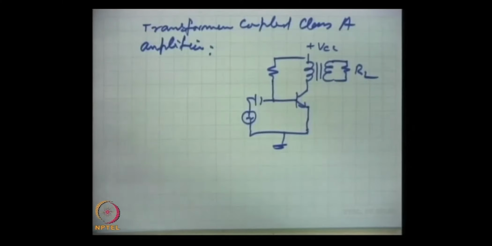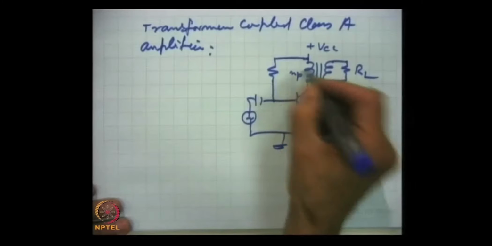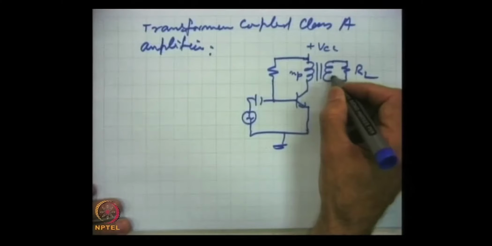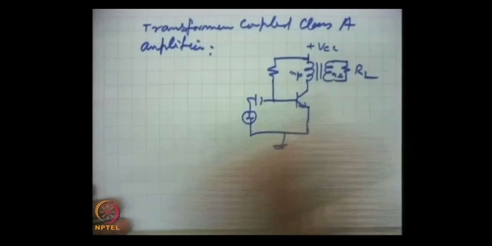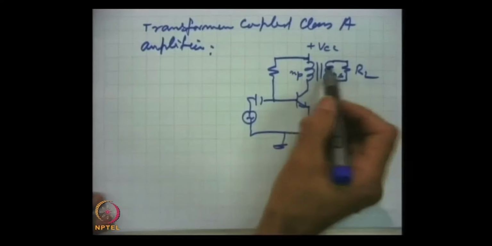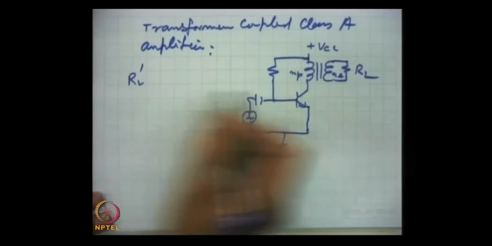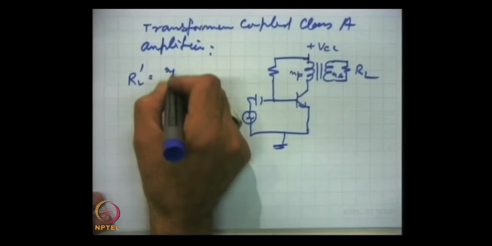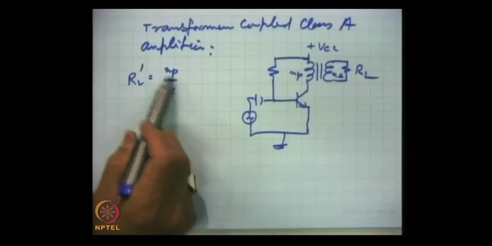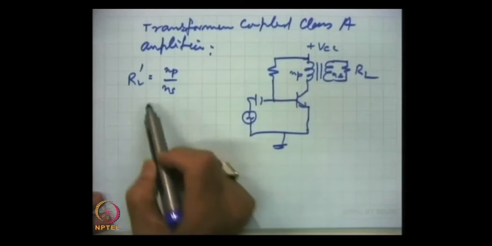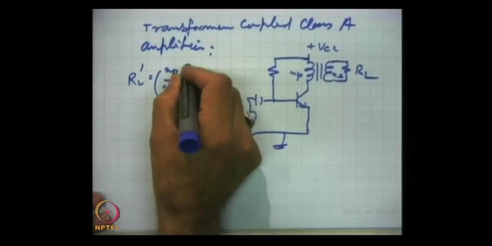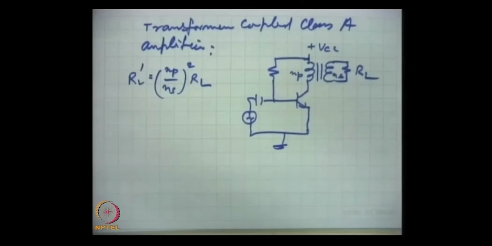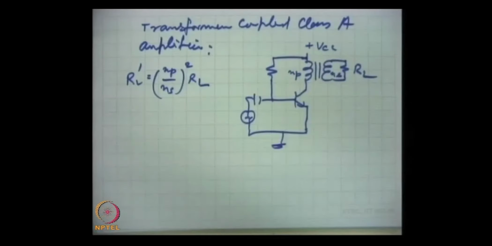There we were using the capacitor coupled load, and this capacitor and this load can be coupled through the transformer also, where this is the number of primary turns and this is NS secondary turns, and the effective load RL prime, reflected load, will be NP by NS, where NP is the number of turns in the primary, NS the number of turns in the secondary, this is square into RL. This will be the effective load.